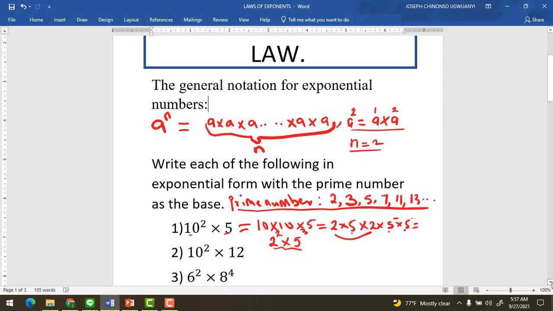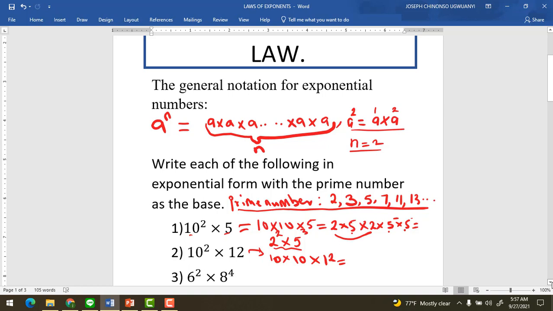Now we have another one, 10 exponent 2 times 12, which is 10 times 10 times 12. Here 12 is not a prime number, 10 is not a prime number. We can make them prime numbers by breaking them down into prime numbers.